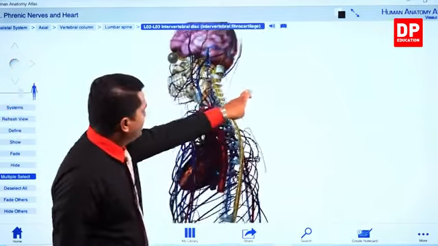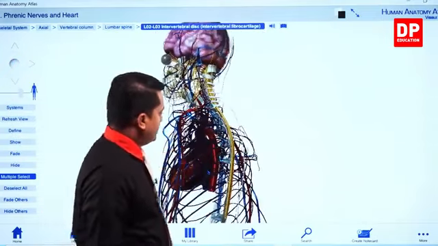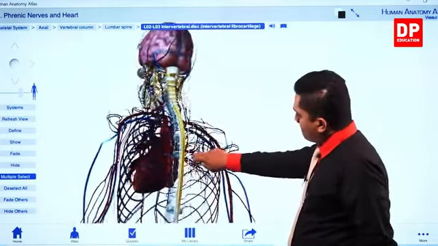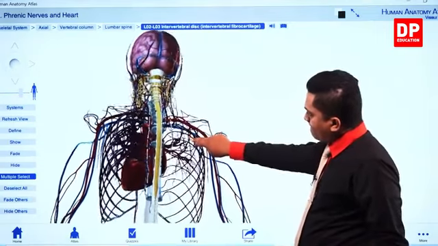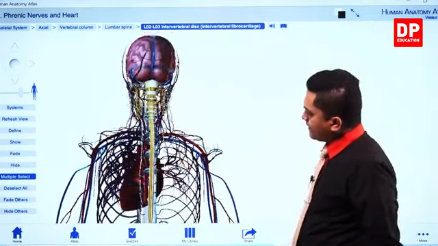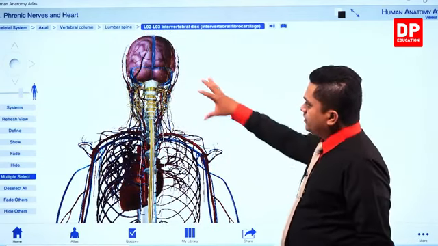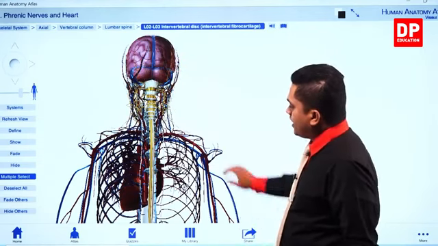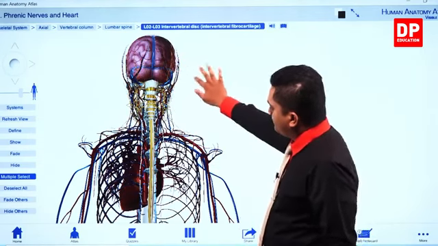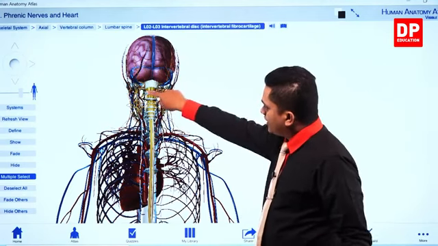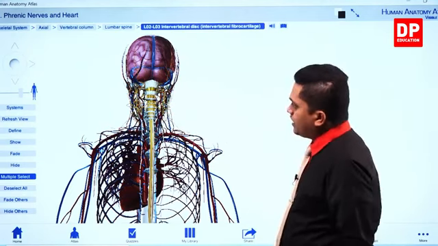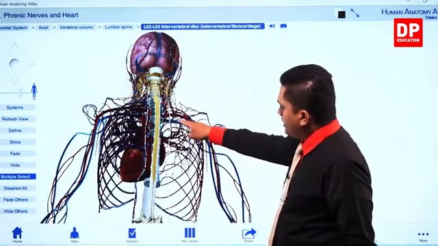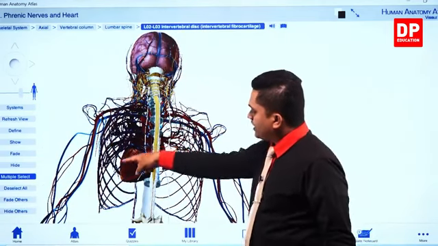You can see it in here more clearly, right? So the nerves which are arising here are the cranial nerves, and once again, the nerves which are connected in here, which run through the brain, are the cranial nerves, and these are the nerves which are running from the spinal cord.